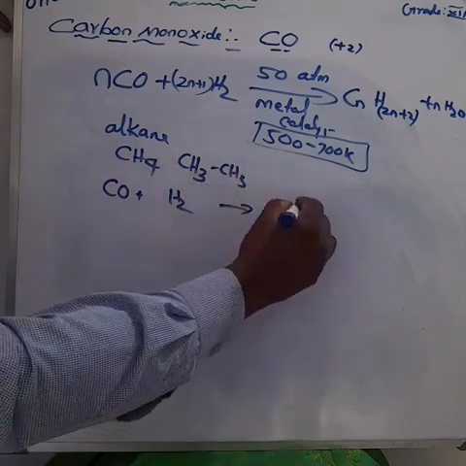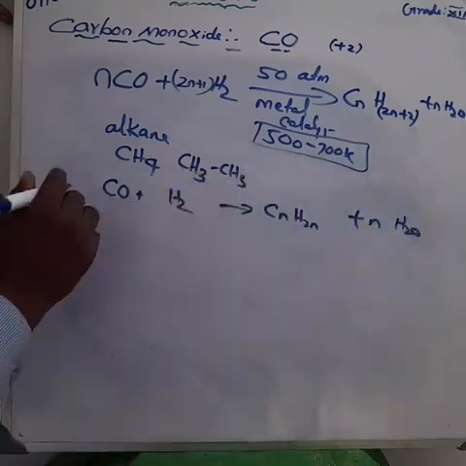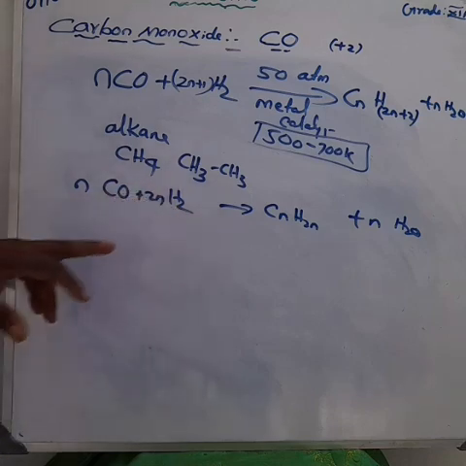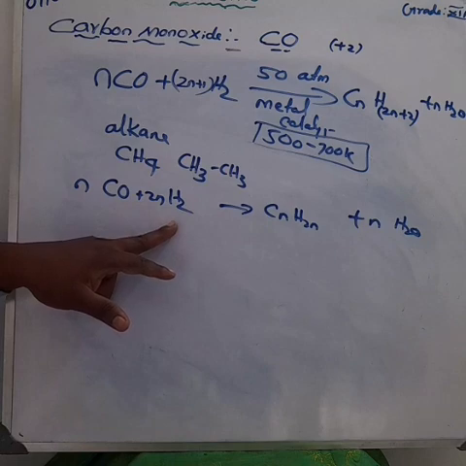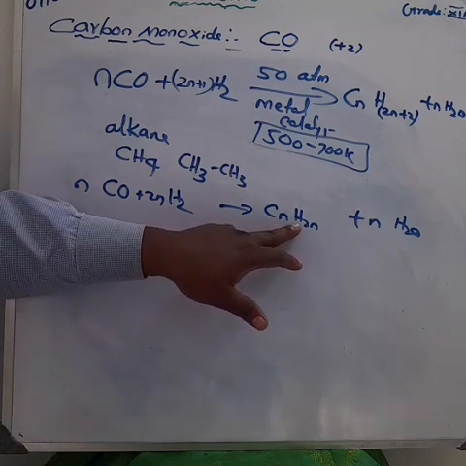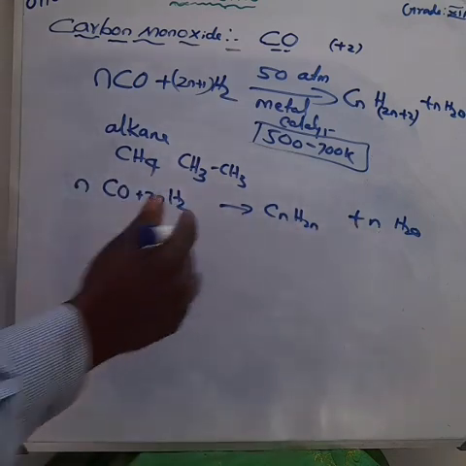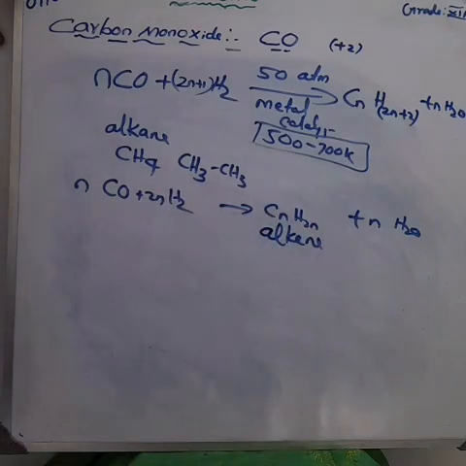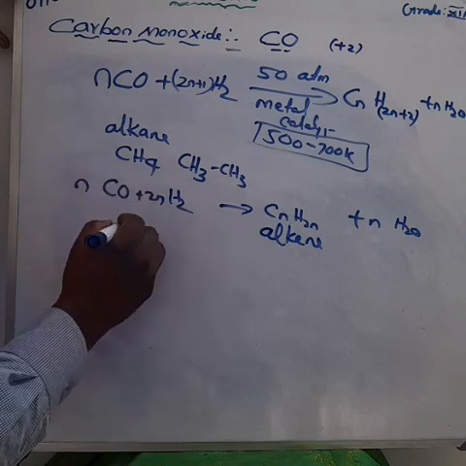Here the same idea applies: we take n molecules of carbon monoxide and 2n molecules of hydrogen, and we get CnH2n + nH2O. What is CnH2n? Alkene.